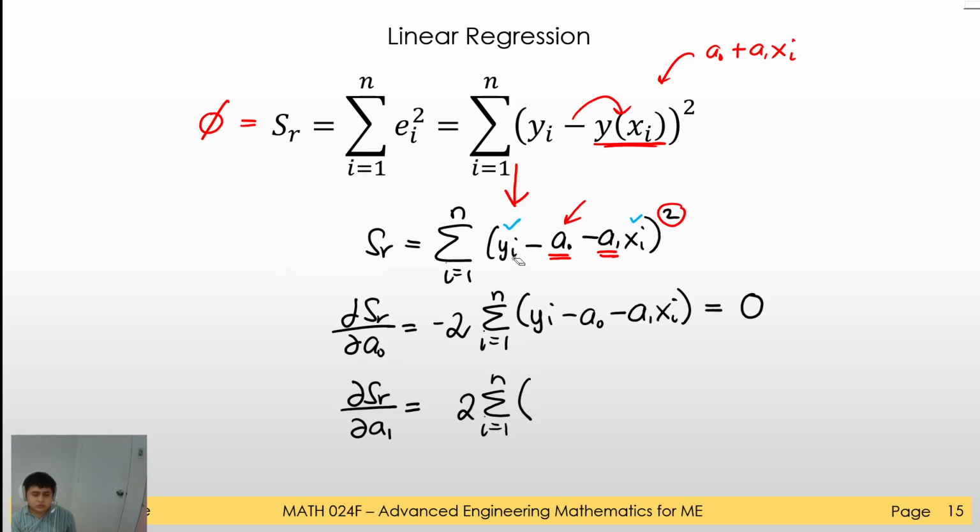So this is 0, yi is 0, a sub 0 is 0, and then what is the derivative of negative a1x? This will be negative xi.